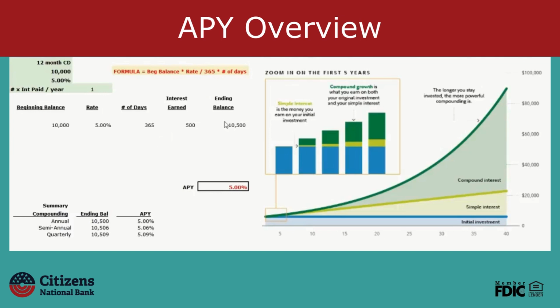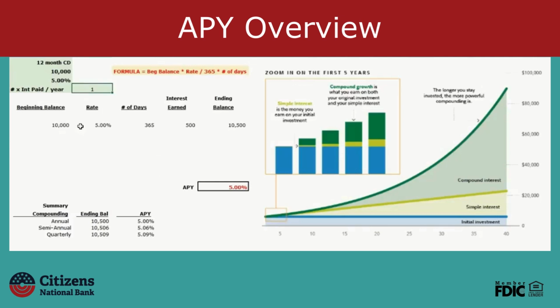So at the end of the year, this account holder would have a balance of $10,500. So when we go look at the APY, since it only compounds one time, it pays interest one time, the APY is exactly equal to the rate because no interest is added to the principal except after the 1 year.